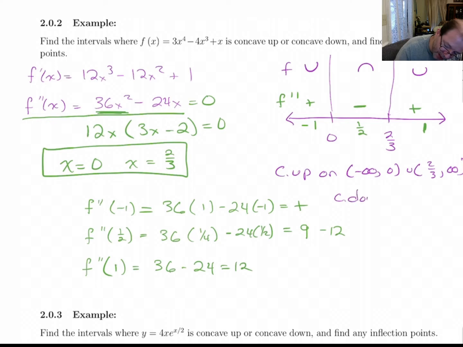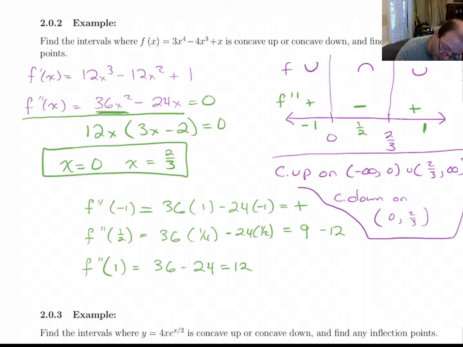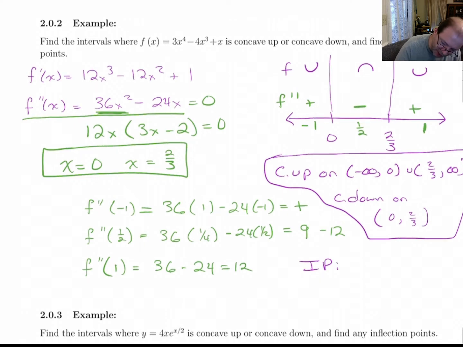It is concave down on 0 to 2/3. And our inflection points, I'm going to use Desmos to get those, but the concavity changes at 0 and at 2/3, so we're going to have one at 0 and one at 2/3.